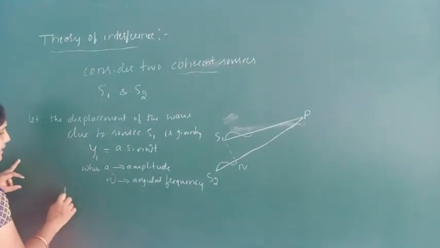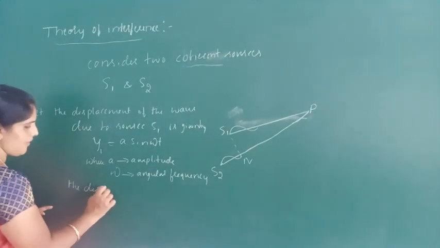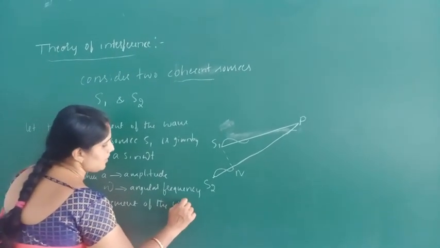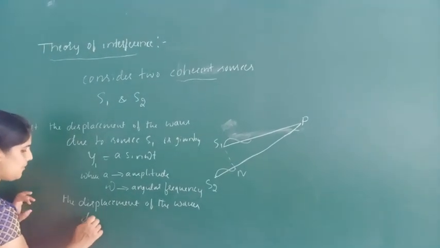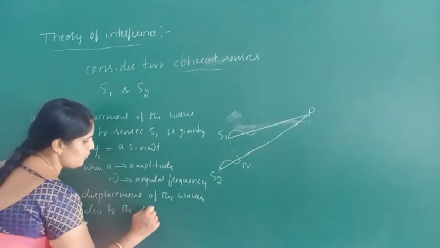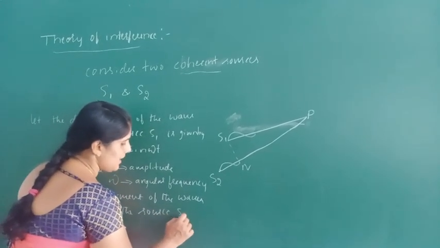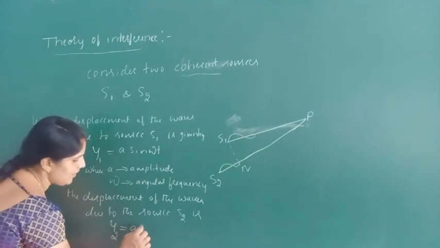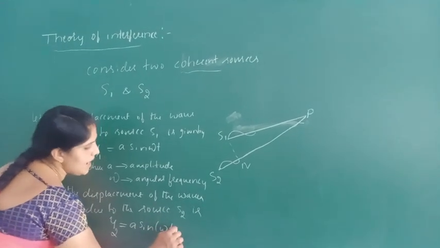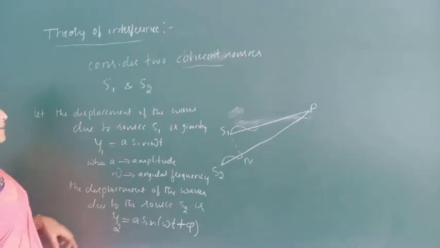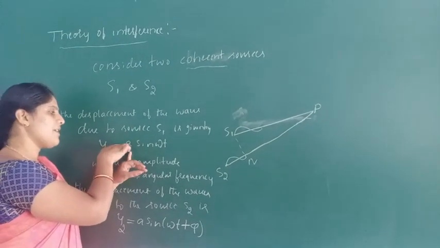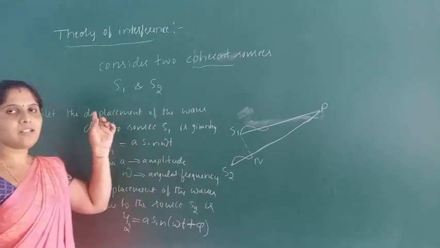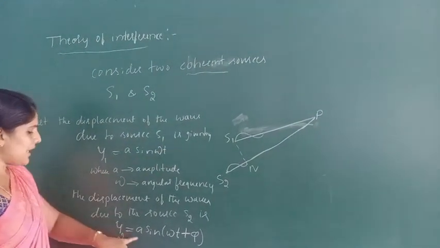Similarly, the displacement of the wave due to the coherent source S2 is given by y2 equal to a sin of omega t plus phi. We write the amplitude of the first wave as A and the second wave also as A, because these two are emitted by coherent sources, which emit waves of constant amplitude.